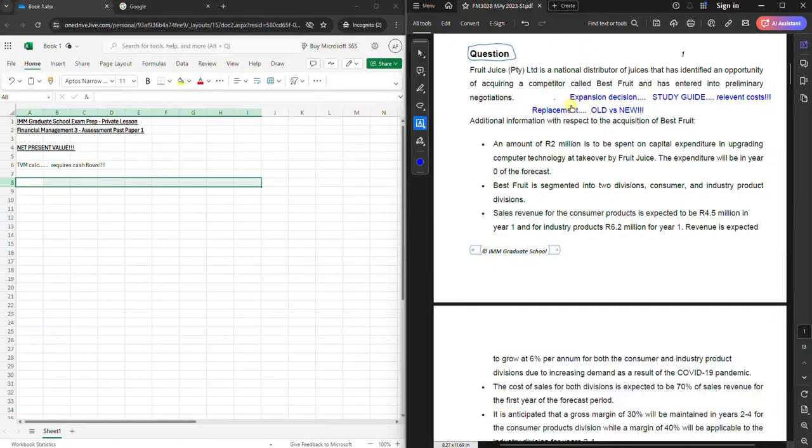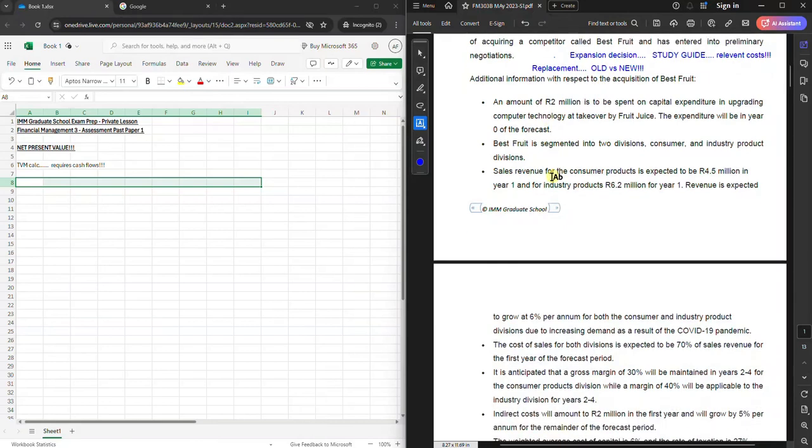In capital budgeting calculations, you get two potential scenarios, either expansion or replacement. Because this is expansion, the old isn't relevant. So I'm only going to look at the new. I don't have to compare the old and the new. That can come up in certain questions, but that's not relevant here because you're purchasing something. Okay, cool. Okay, additional information?